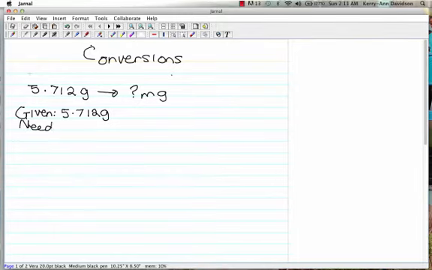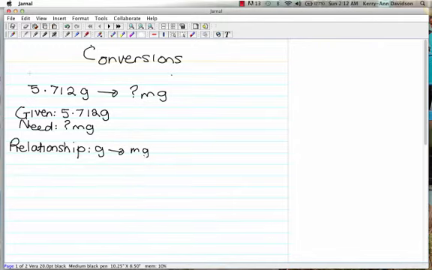So in this case, they need me to solve for milligrams, alright? Then after that, which is the problem part that you guys are having right now, is the relationship. The relationship pretty much is, what do I need to know to convert between grams and milligrams? What's that relationship, okay?